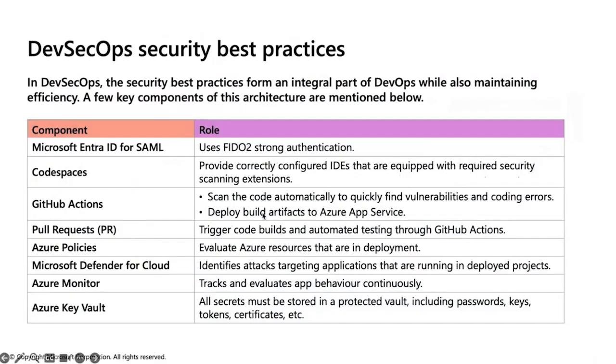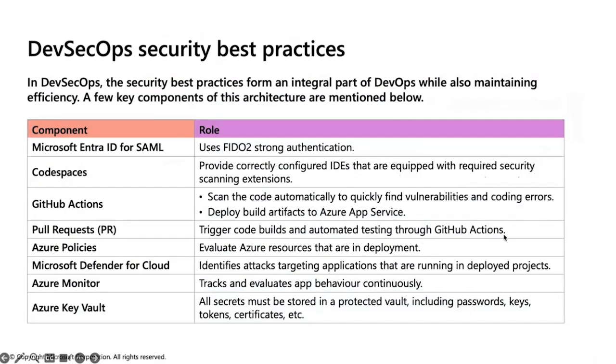Also, you can deploy your build artifacts to Azure App Services. Azure App Services is Microsoft's own native service. We get lots of monitoring, auditing, and security solutions here using MDC options for Azure App Service. So it's a very good feature, adding GitHub to MDC and then deploying the artifacts to Azure App Services. This is very helpful from a security and monitoring perspective. For pull requests, trigger code builds and automated testing through GitHub Actions.